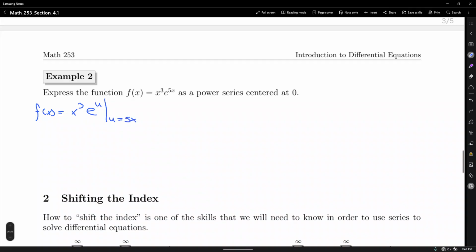Similarly to what we did with the first translation theorem in the previous chapter. So this means x cubed times the sum from n equals 0 to infinity of u to the n over n factorial, where u equals 5x, and then simply go back and substitute: x cubed times the sum from n equals 0 to infinity of (5x) to the n over n factorial.